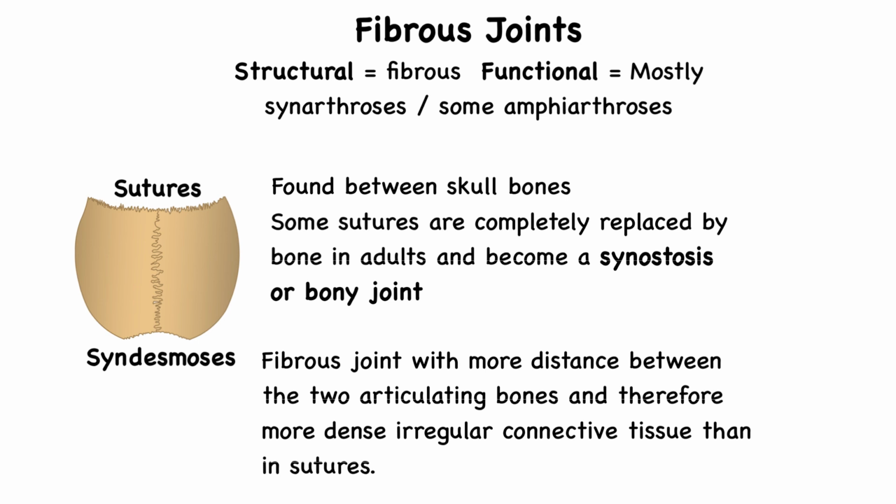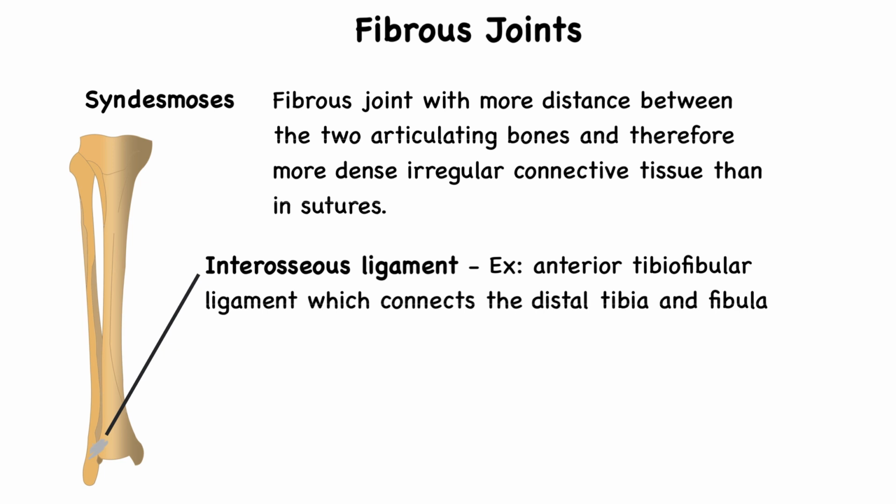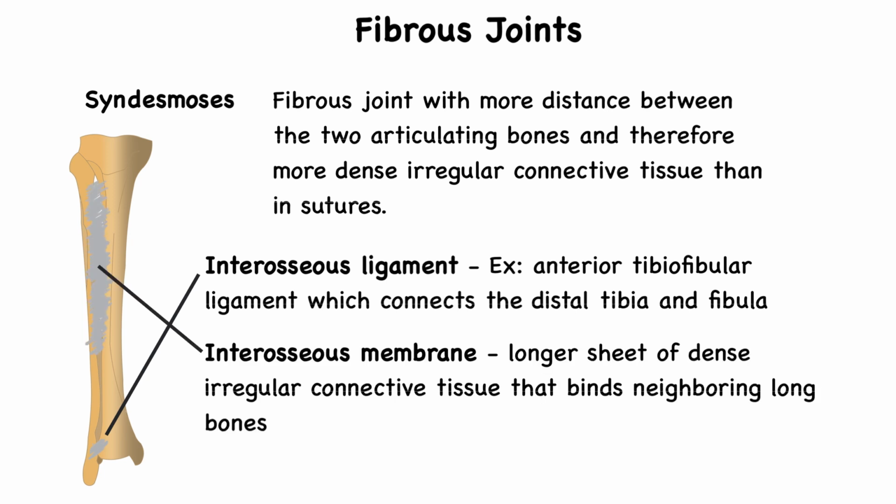There are two types of syndesmoses: an interosseous ligament, such as the anterior tibiofibular ligament, which connects the distal tibia and fibula; and an interosseous membrane, which is going to be a longer sheet of dense irregular connective tissue that binds neighboring long bones together. Both of these allow for slight movement.